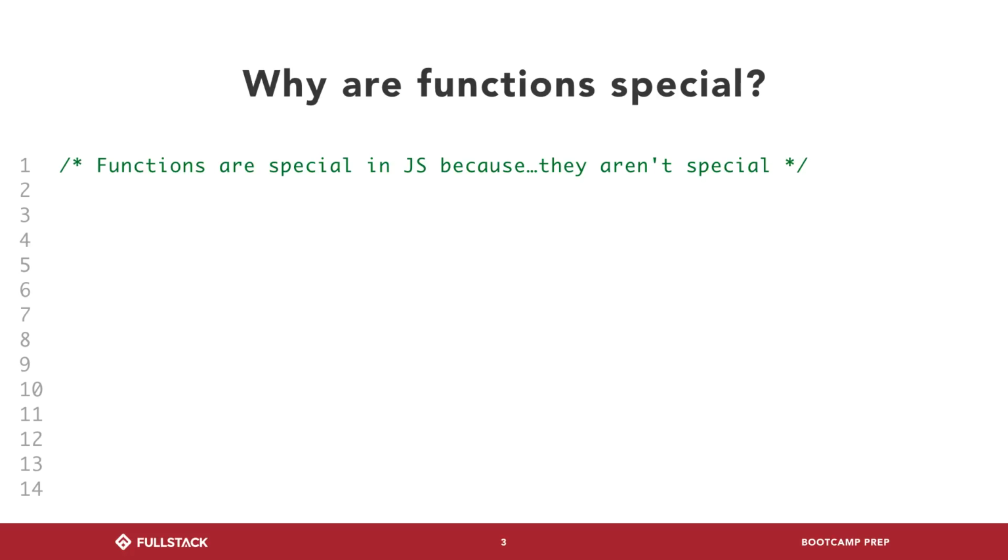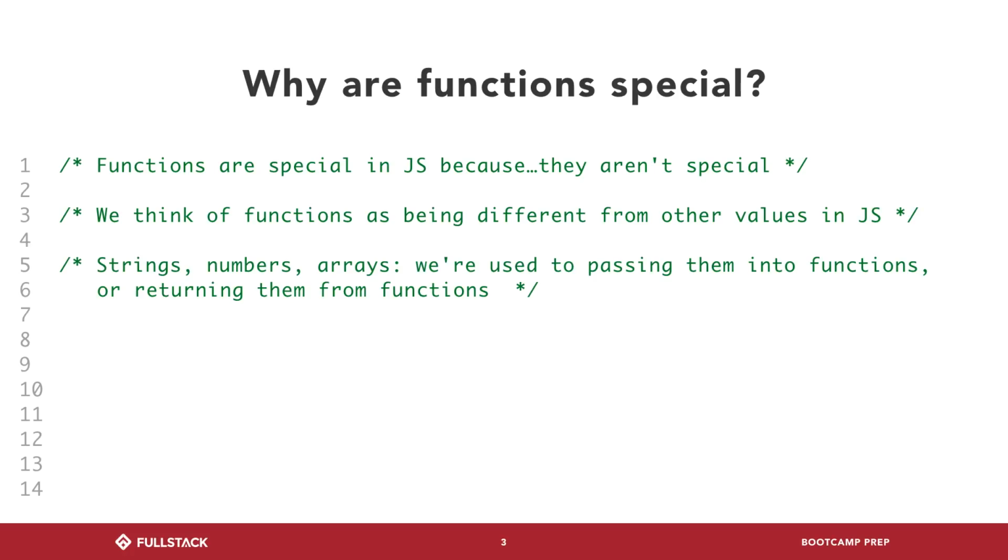Okay, why functions are special? Surprise, they're not. Functions are just like every other data type in JavaScript. In fact, we lump them under complex data types, which means that the way we use objects and arrays, we can also use functions. People tend to think functions are different, but for the purposes of this session and the afternoon session, think of them as almost just like objects that you can invoke.